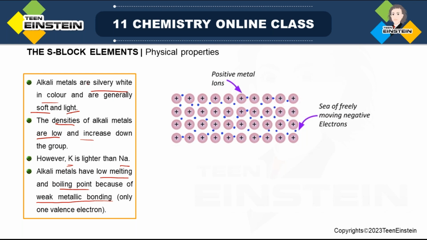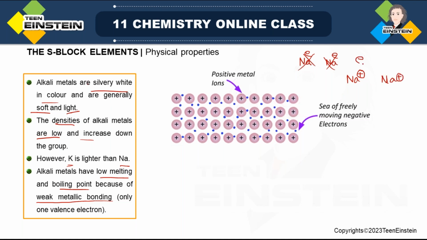If you want to understand metallic bonding, you have to imagine the inside structure of metals like this. Don't think that sodium is there with its outermost electron, then another sodium with its outermost electron. No, it is not like that. It remains like this. Suppose there is one Na+. It has already lost its electron because the electron is so loosely held. Then there is its neighbor Na+, another Na+.